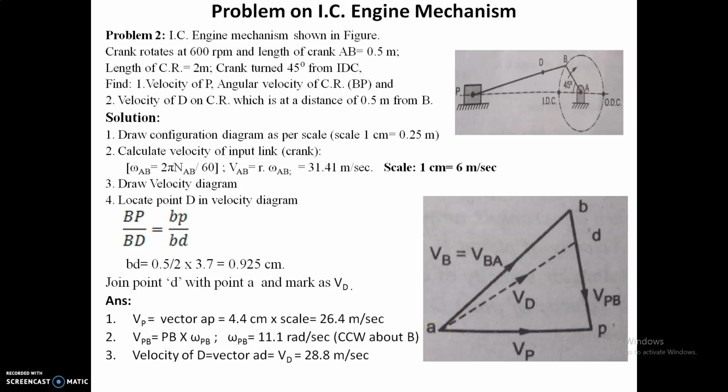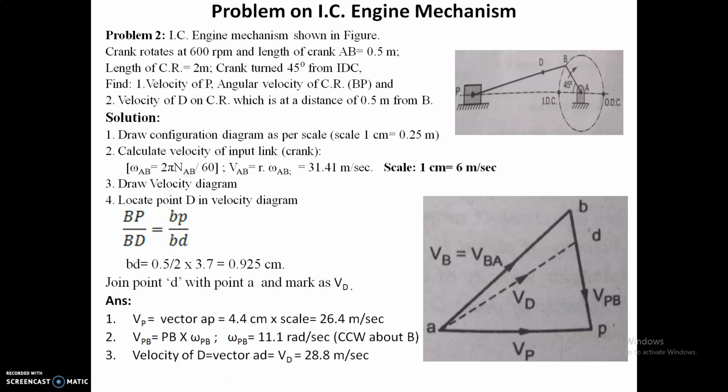Now, of course, the velocity of a particular link is a vector. It has both a magnitude as well as a direction. The magnitude we have already determined, and the direction is always perpendicular to the link. Here AB is the link given in the problem, and accordingly you take the perpendicular, because the velocity is always perpendicular to the link given in the configuration diagram.